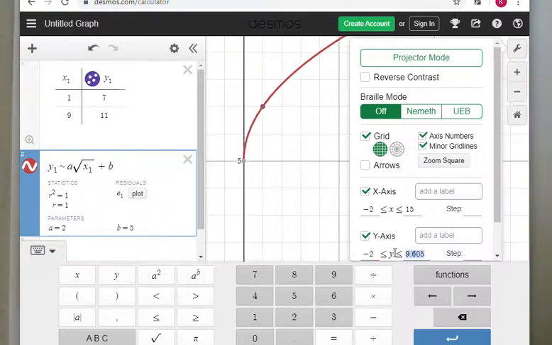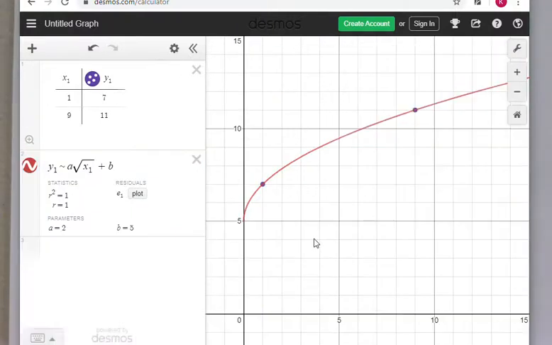There we go. And you can specifically see now, there's our first point, 1, 7. And here is our second point, 9, 11. And we've definitely got an equation that has the graph that contains those 2 points. So it's a real nice visual in Desmos as well.